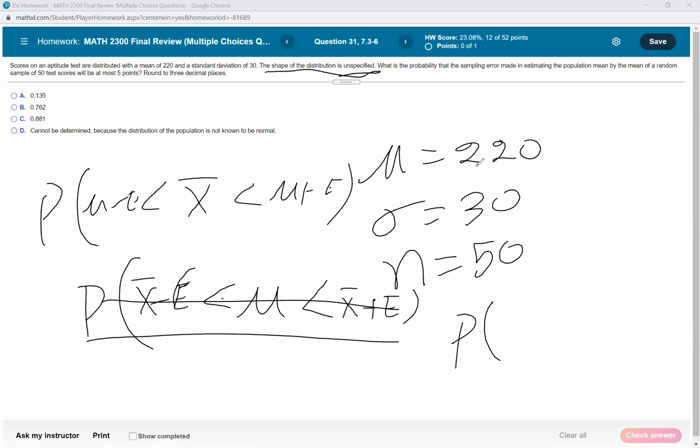You have the value for mu, you have sigma, and you have the sample size. So the maximum sampling error E could be 5 points, and now we have to find the probability of X bar.